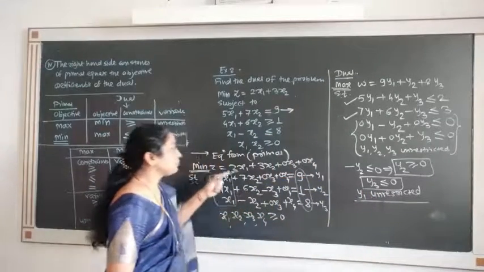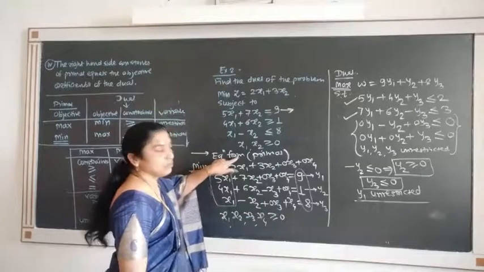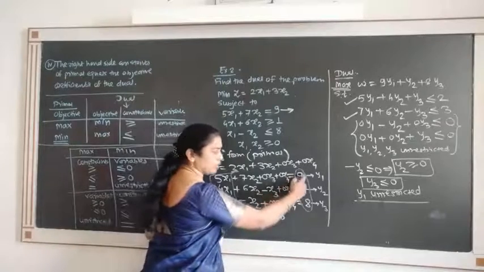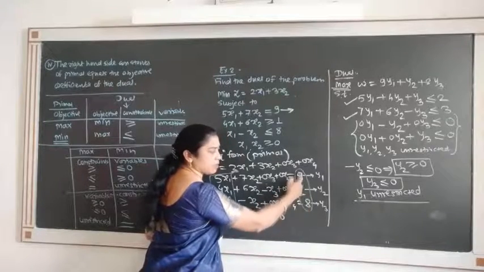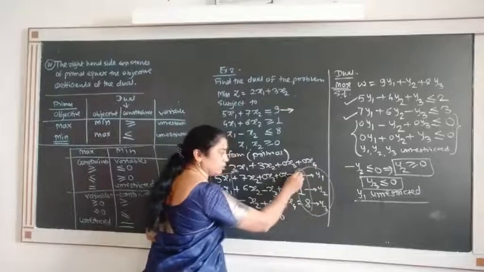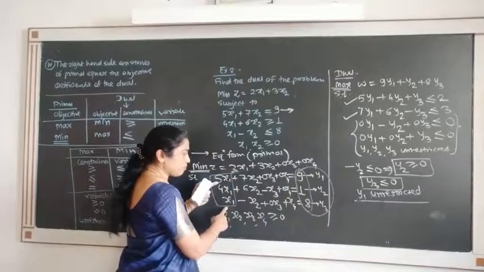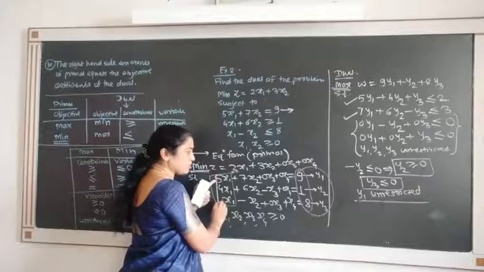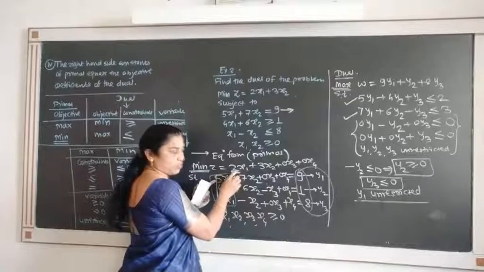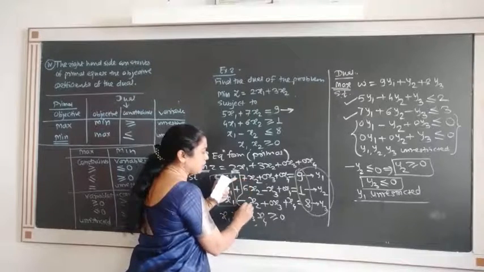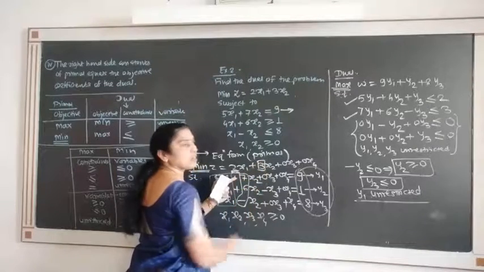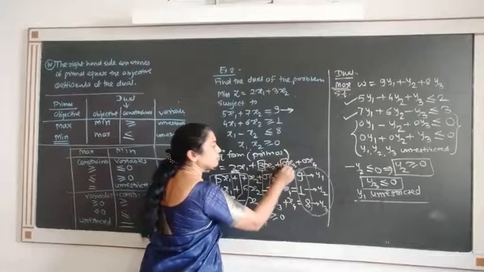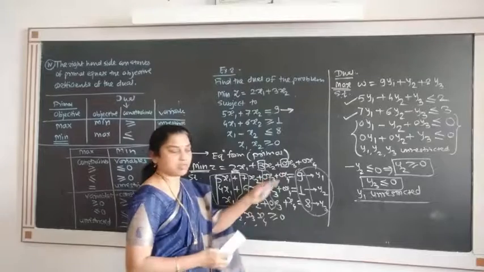So what we have seen here: you have to write down the equation form, and then according to that, the right hand side gives us the objective function. The first column together with the first coefficient gives the LHS of the first constraint, and this is the RHS of the first constraint. LHS of the second constraint and RHS of the second constraint, etc. LHS of the third constraint together with RHS of the third constraint.